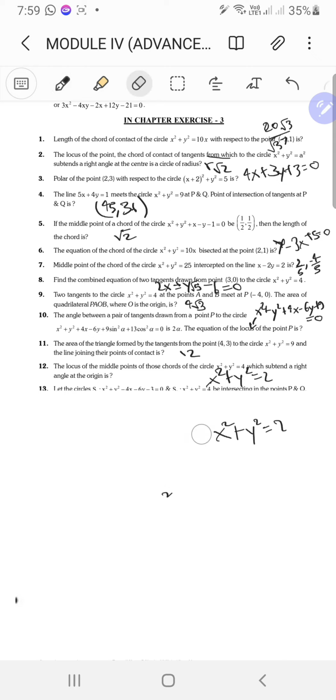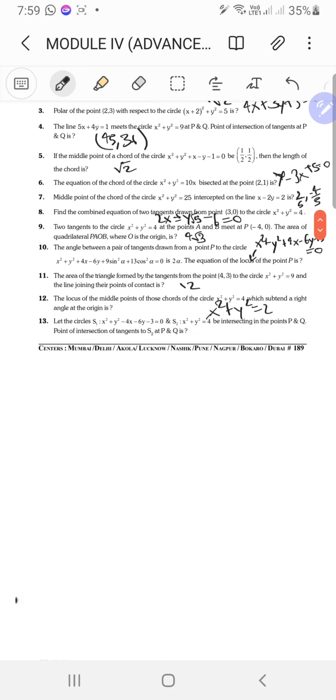Next, let the circles be intersecting in the points P and Q. The point of intersection of tangents to S2 at P and Q is, that's weird.